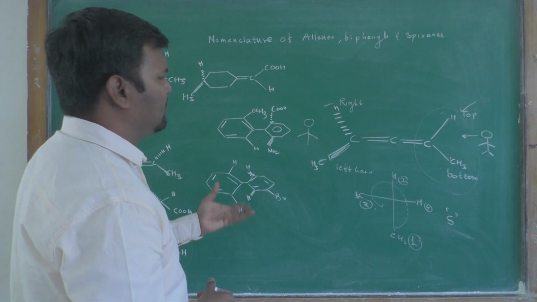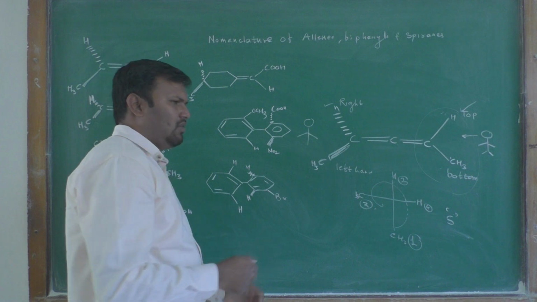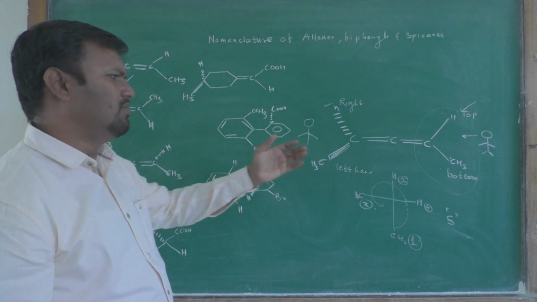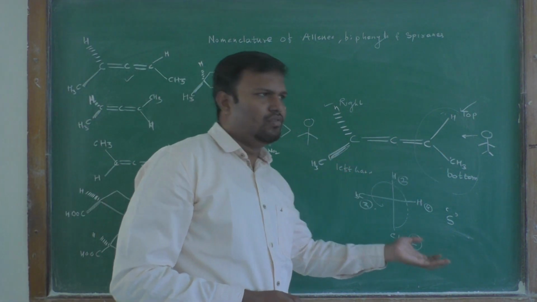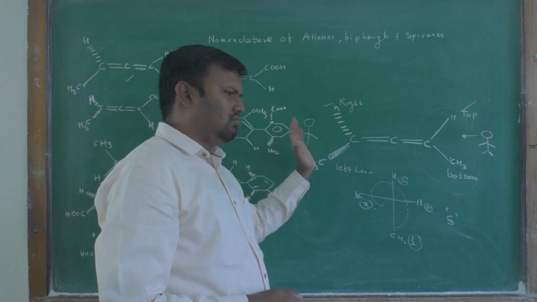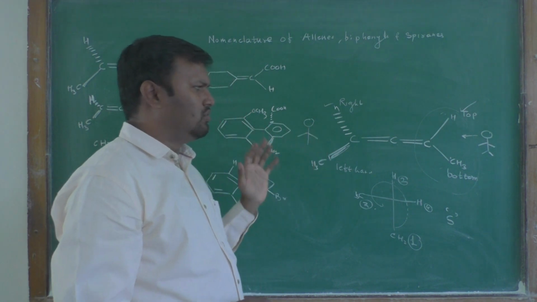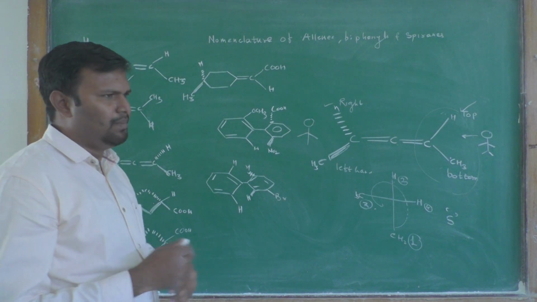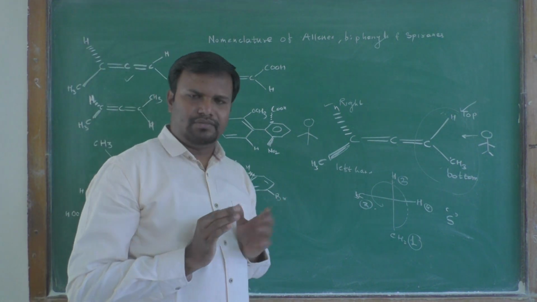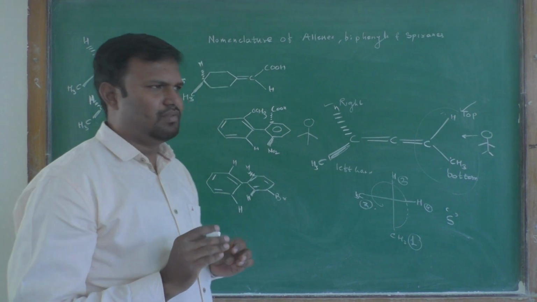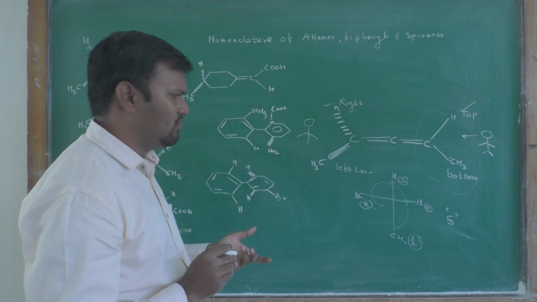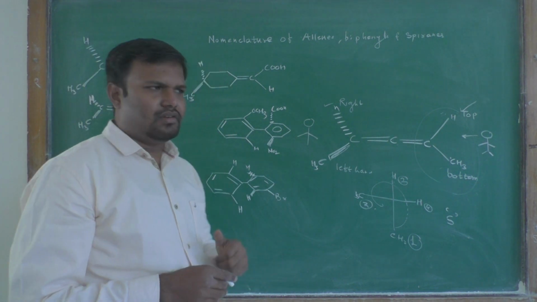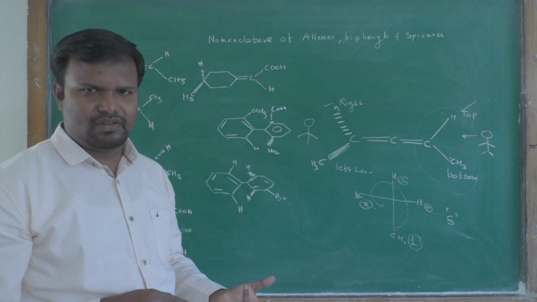Let us try the other way. If you look from the right hand side or from the left hand side, both RS nomenclatures should be the same. If it is different, then there is some error and you have not used these rules properly.